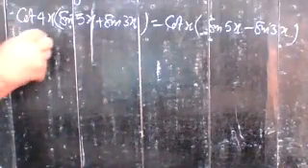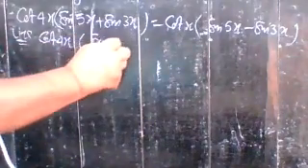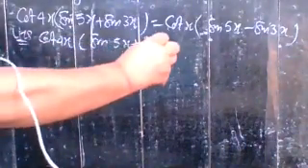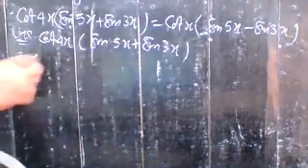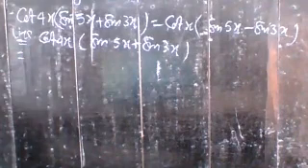So take the left side, which is cot 4x into (sine 5x plus sine 3x), and apply the identity. Cot 4x can be written as cos 4x upon sine 4x.